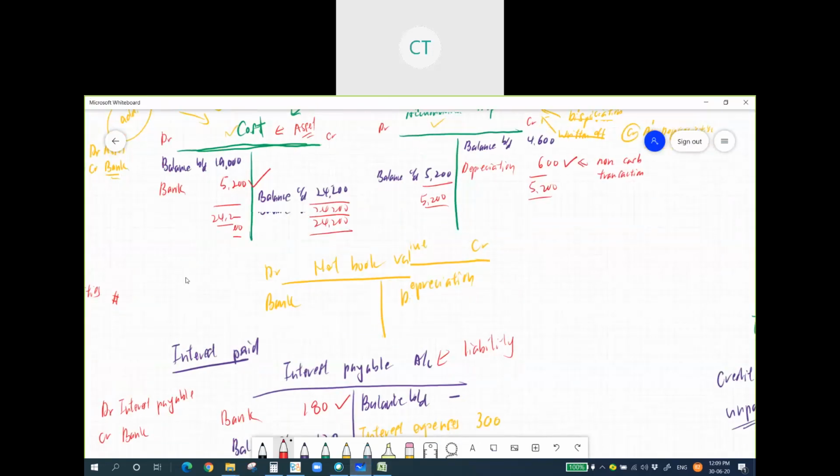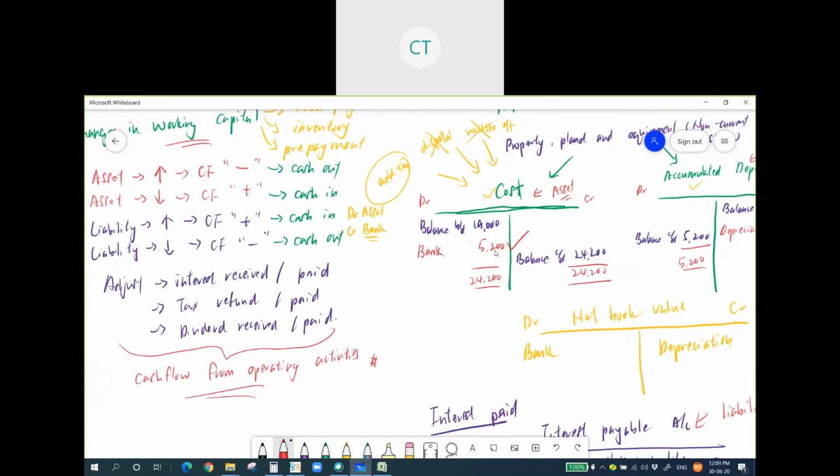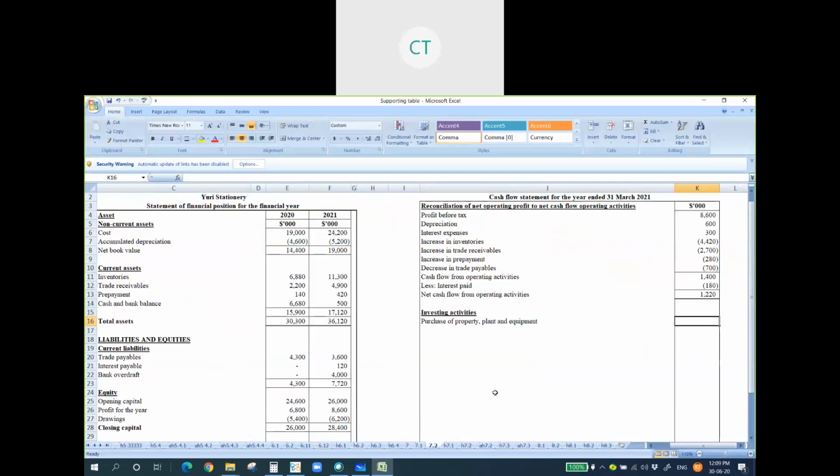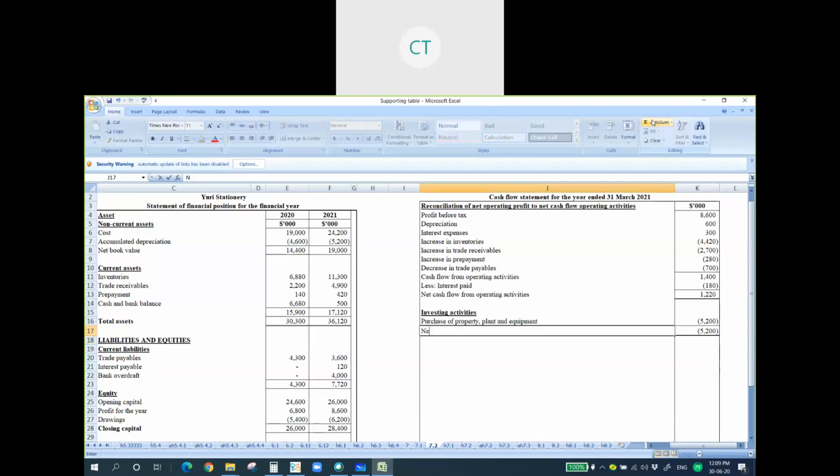From the cost here, 5,200. So let's record this. When you purchase an asset, this is a cash outflow, so we put negative. So we get net cash flow used in investing activities.